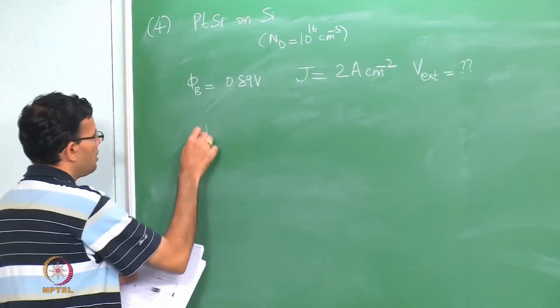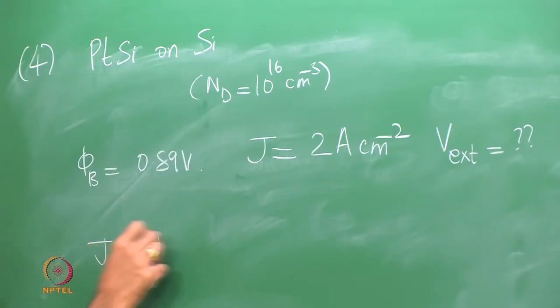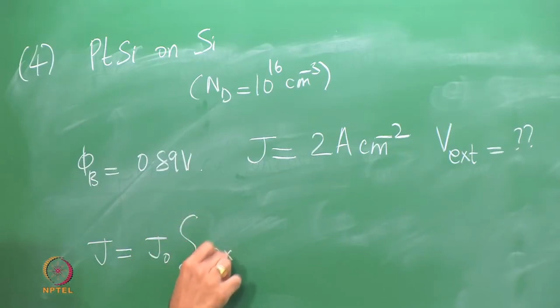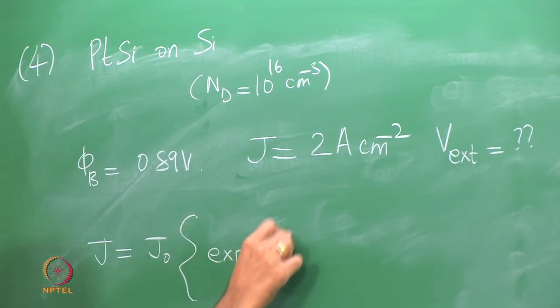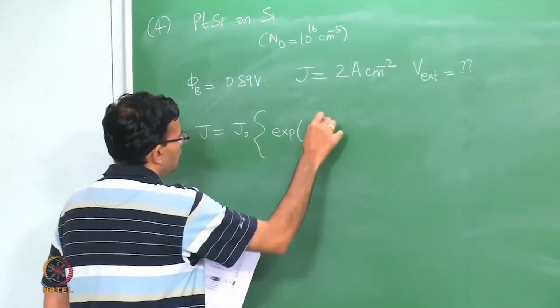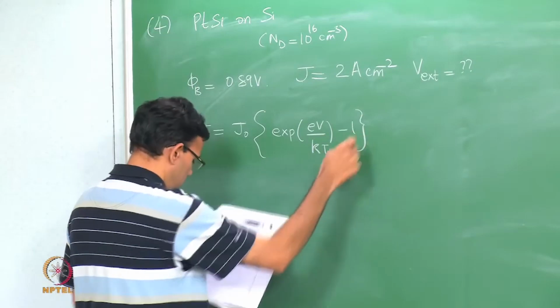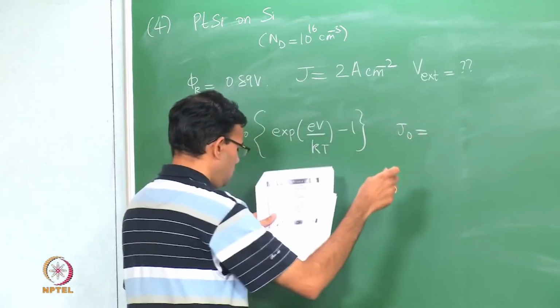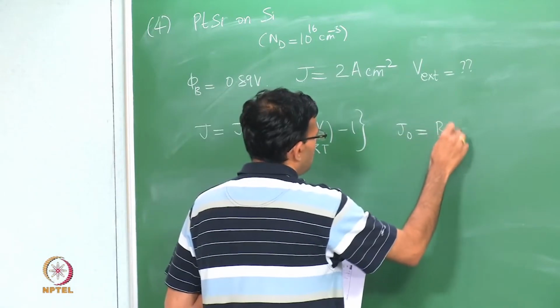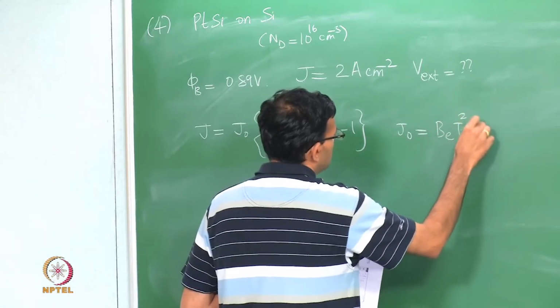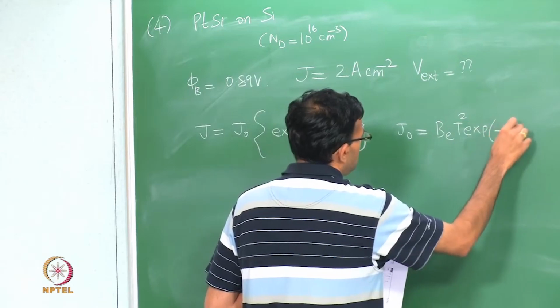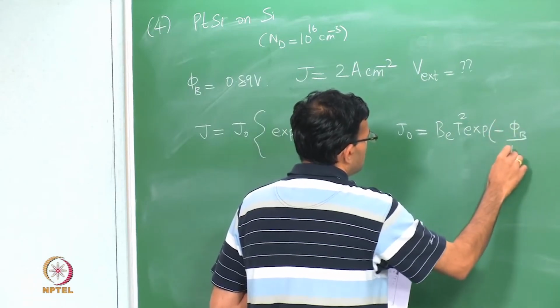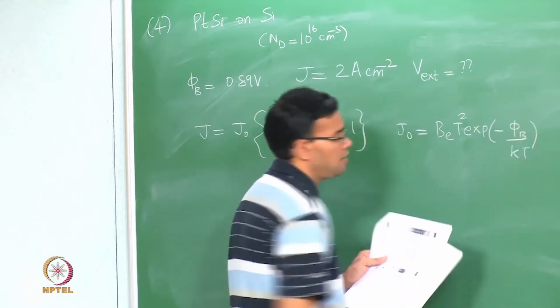So, we can go back and use the same equation. J is equal to J naught exponential EV over kT minus 1. J naught is nothing but BE T square exponential minus psi b over kT.